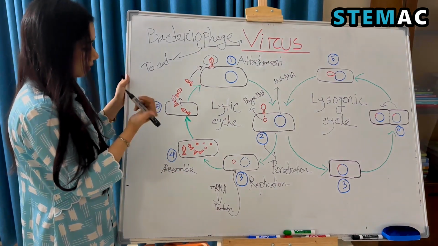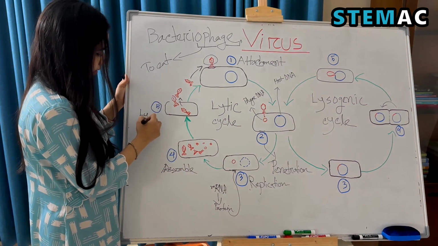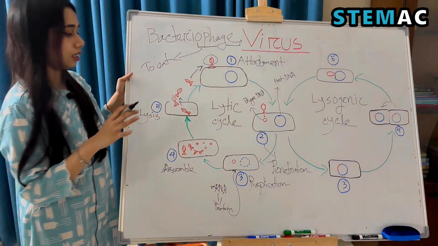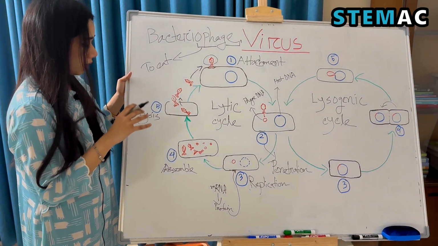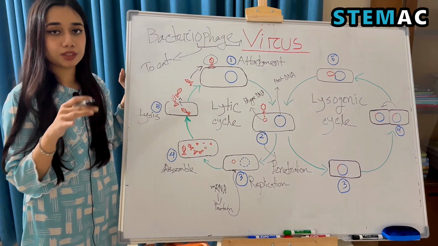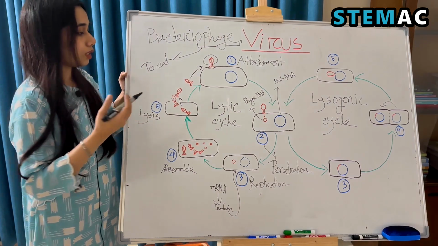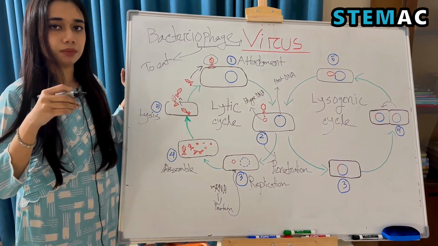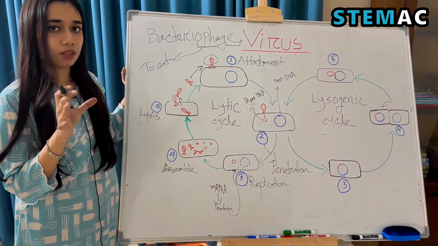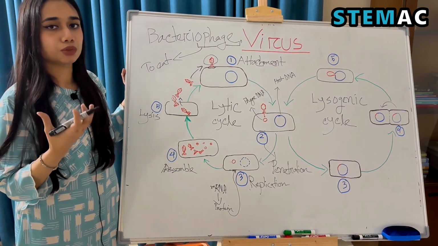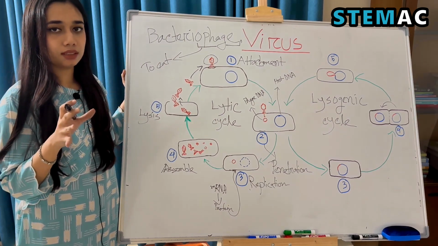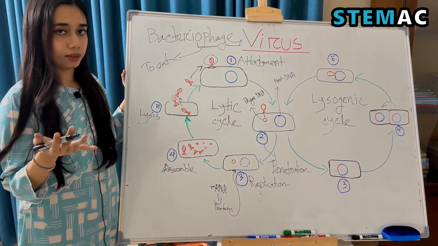And after that, in the last step, which is lysis, the bacterial cell will burst open. So it's like puncturing a hole through the cell membrane of the host bacteria. The cell membrane is a very crucial part of a bacterial cell, and without it, they will die.